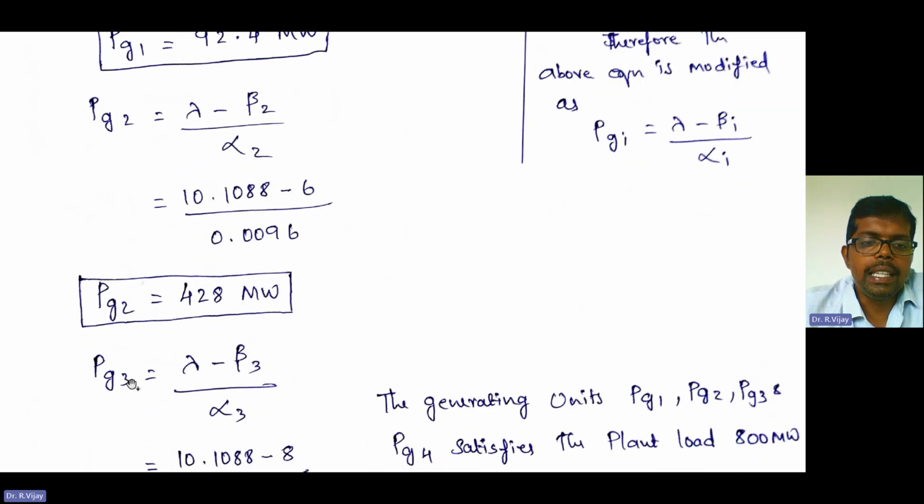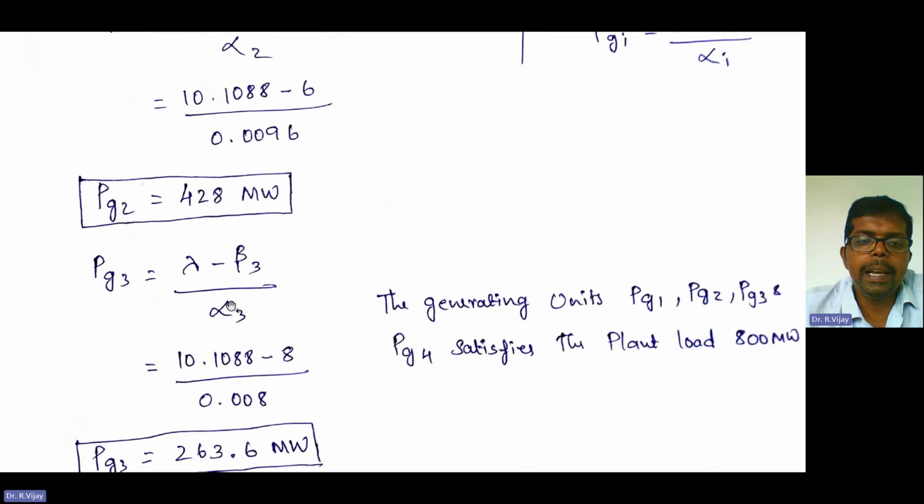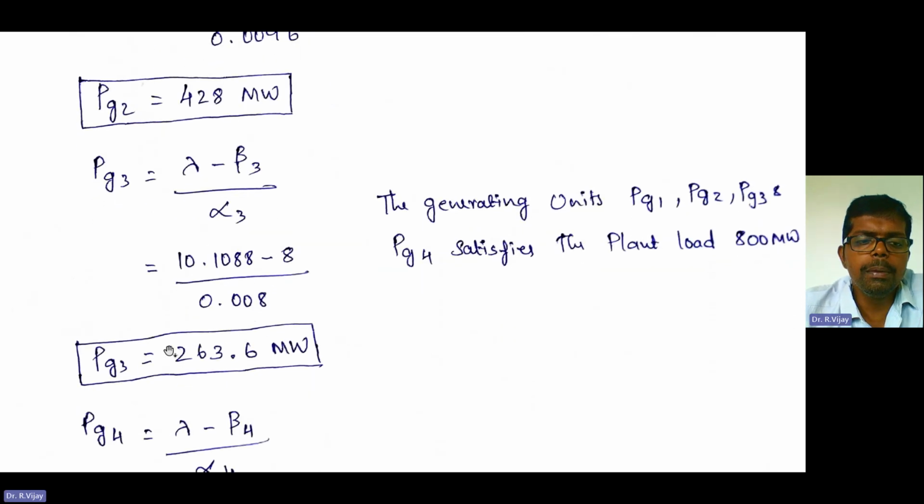Similarly, PG3 is lambda minus beta 3 divided by alpha 3, that is 10.1088 minus 8 divided by 0.008. Simplifying, we get PG3 as 263.6 megawatt.